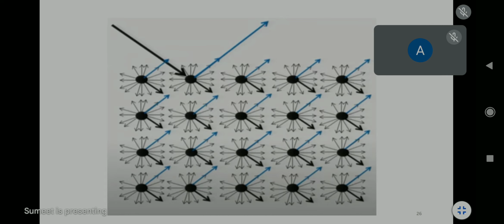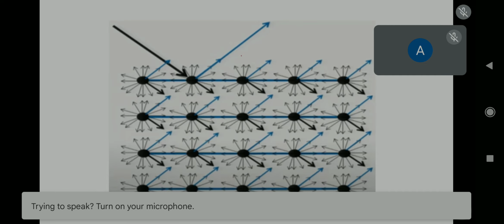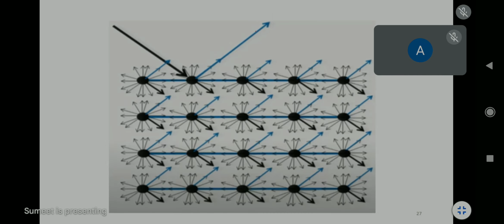This longer arrow shows that all these diffracted beams shown by this blue color are pointing in this particular direction. So for this blue diffracted beam, there is a particular set of planes which is shown by this blue line. This is the plane for the blue diffracted beam.